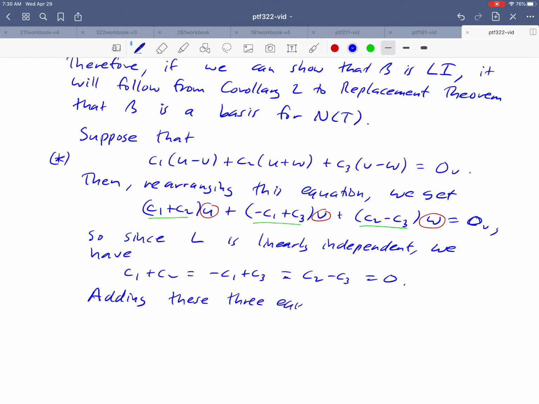Adding these 3 equations, C2 equals 0, and if C2 equals 0, that's going to force C1 to be 0, and then C3 is also going to follow suit. Just a couple of short steps, and we've got our solution.